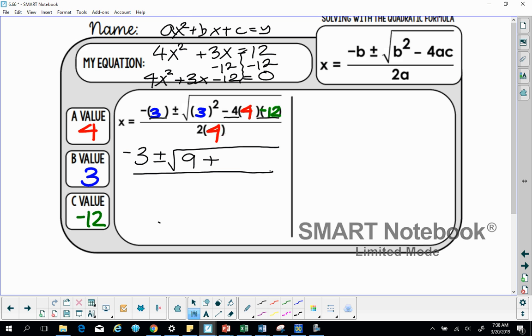Good. 192. And then what's 2 times 4? 8. So all you do is you keep reducing it. Then I go, okay, what is 9 plus 192? I need to simplify that, and I end up getting 201.